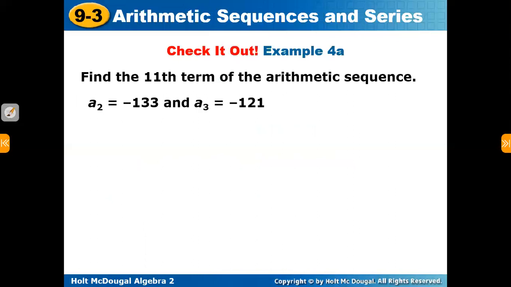Similarly, this question is really simple because the terms given are A2 and A3.